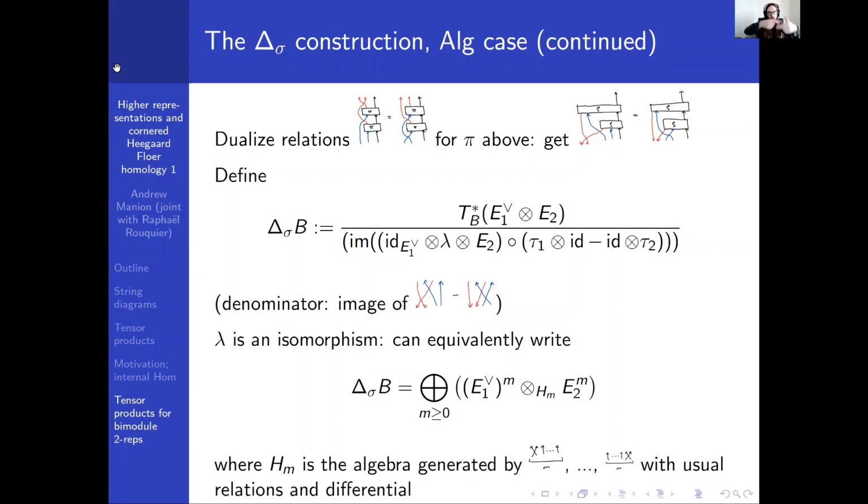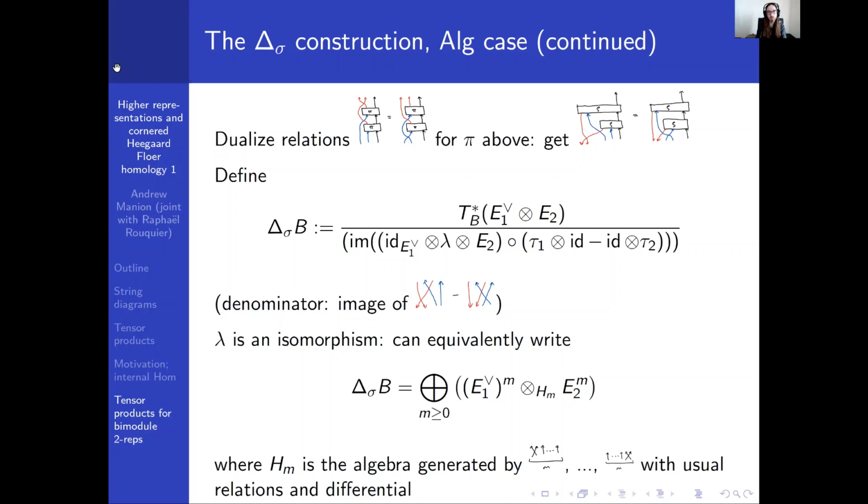Lambda being an isomorphism just means I can rearrange that, take all the E1 duals to the left and E2s to the right, and I get this type of presentation of this algebra. This DG algebra delta sigma of B is a direct sum over all non-negative m of the tensor product over the DG nil-Coxeter algebra we call H_m, of an mth power of the E1 dual bimodule on one side times the mth power of the E2 bimodule on the other side.